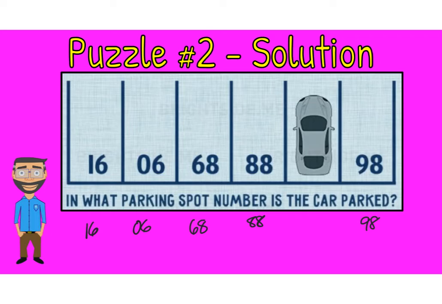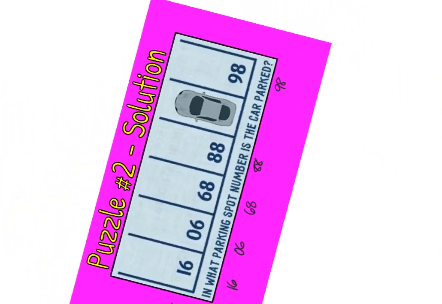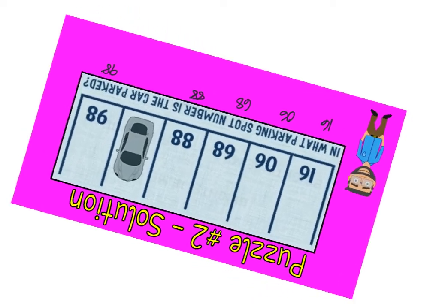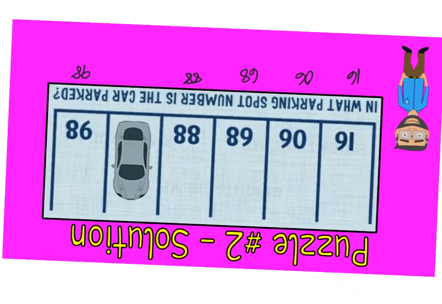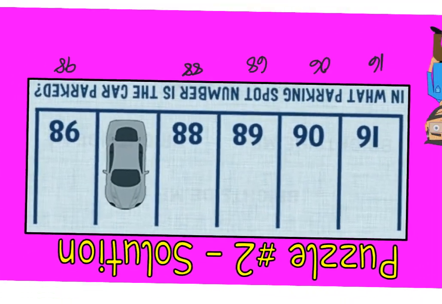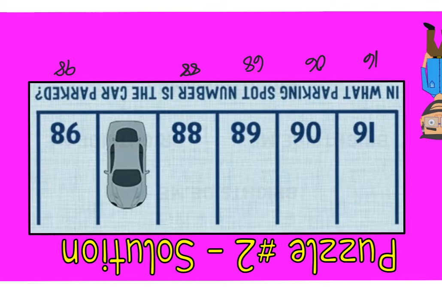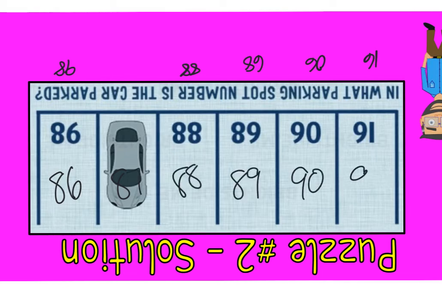And only when I did something like this did I truly see how easy this puzzle was if I had a different perspective. If you flip the puzzle upside down, it becomes clear that this is the number 86, this is spot 87, 88, 89, 90, and 91.